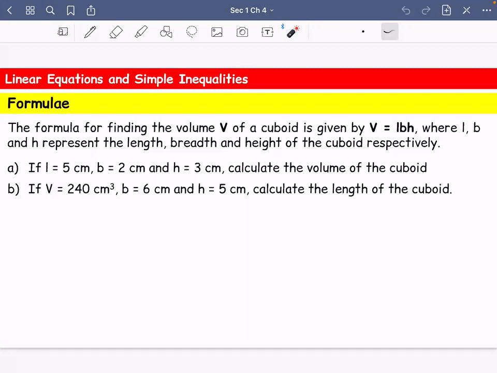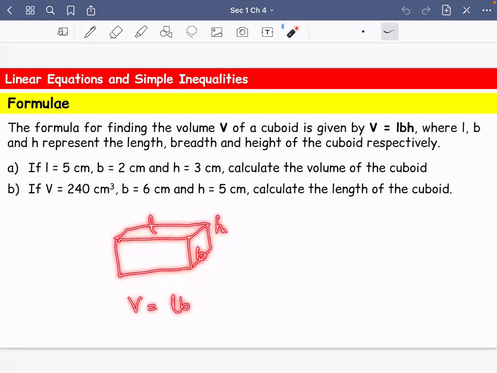Basically, it has length, breadth, but now it has thickness. That's why it has what we call height. So to get the volume of a cuboid, or a three-dimensional rectangle, that's equal to length times breadth times height. Just that.